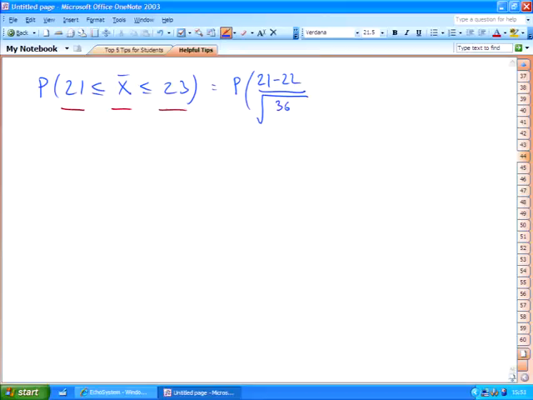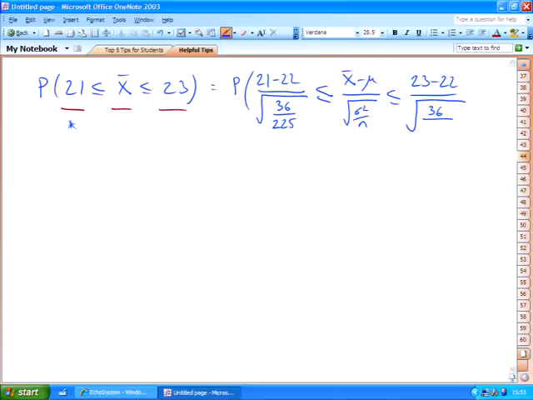So this thing here is the square root of the variance of x bar. So I've standardized this left-hand term here. We now have x bar minus mu divided by the square root of sigma squared over n. It's less than or equal to 23 minus the mean, so minus 22, divided by the square root of the variance of x bar, so root 36 over 225.